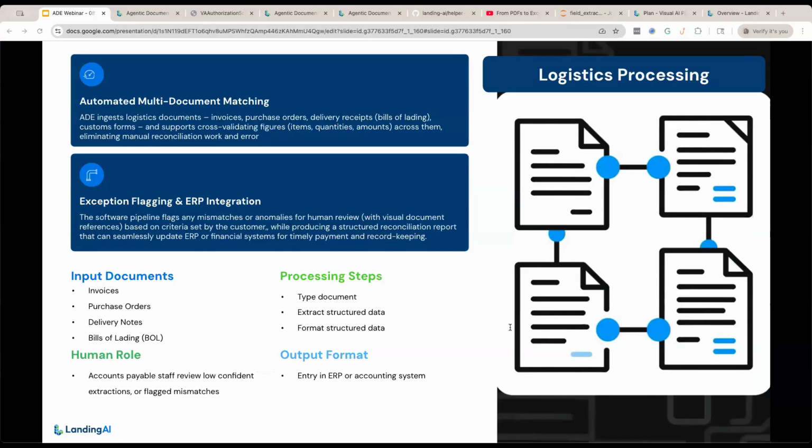You have a potential human in the accounts payable staff reviewing flagged mismatches or low confidence extractions. And ultimately, that's driven into a downstream ERP or accounting system after that data is validated, collated, and mapped across the different documents. So, a very complex process.